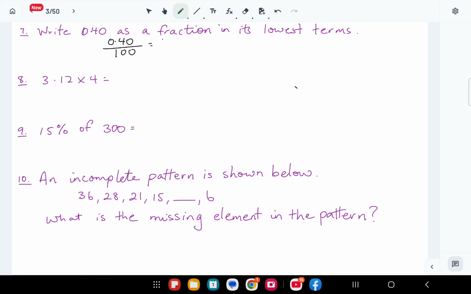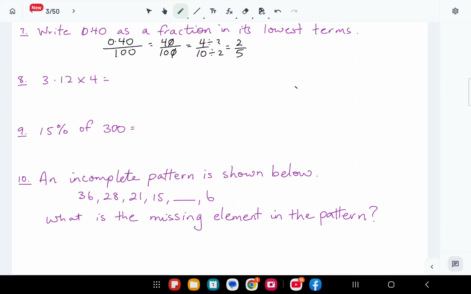So this becomes 40 over 100. Both numbers end in 0, so we can cancel off the zeros. Now we end up with 4 over 10. Both numbers are multiples of 2, so we can divide by 2. 2 goes into 4 two times, 2 goes into 10 five times. So we end up with 2/5.